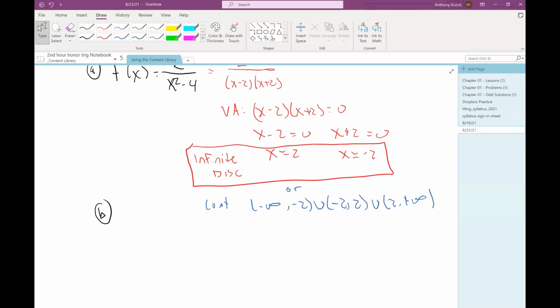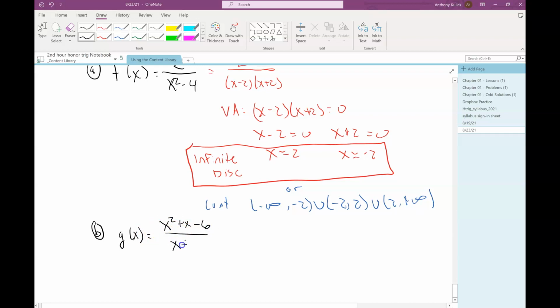Our next one is this. Again, which we recognize hopefully as a general rational function from last year. I'd want to start by factoring.